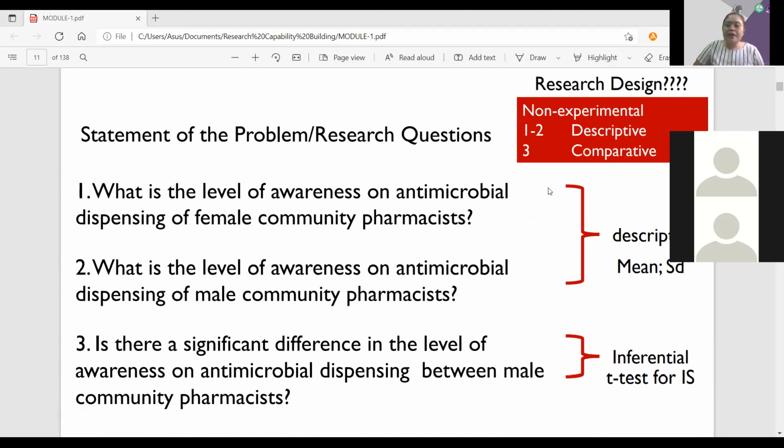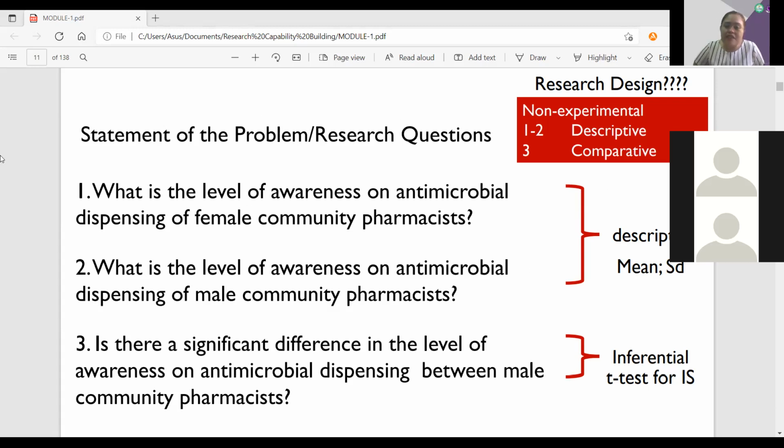So when we make the statement of the problem or the research questions, the first one is, what is the level of awareness of female community pharmacists? We will also ask, what is the level of awareness of male community pharmacists on antimicrobial dispensing? These two will just be using descriptive statistics.